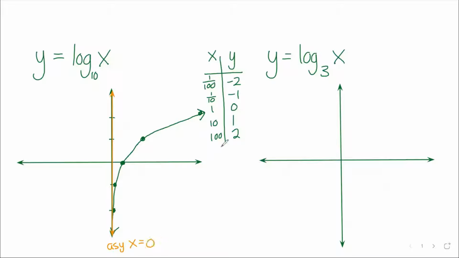Okay. And I think what's important to note here is that really the two main points, if we wanted to graph this without making a whole table, points we would look at are 1, 0 and 10, 1. And if we want to make these more general, this would actually always be 1, 0, even if we had a different base.